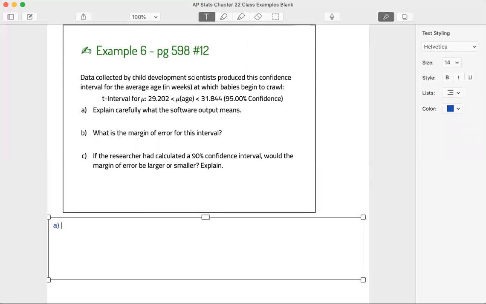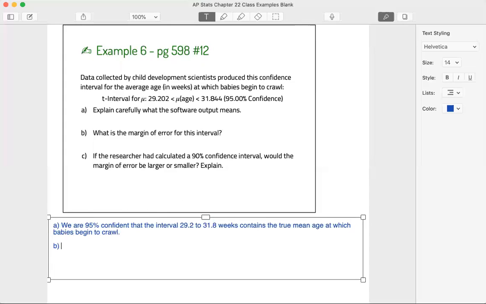In part A, I would say the following: we are 95% confident that the interval of 29.2 to 31.8 weeks contains the true mean age at which babies begin to crawl.